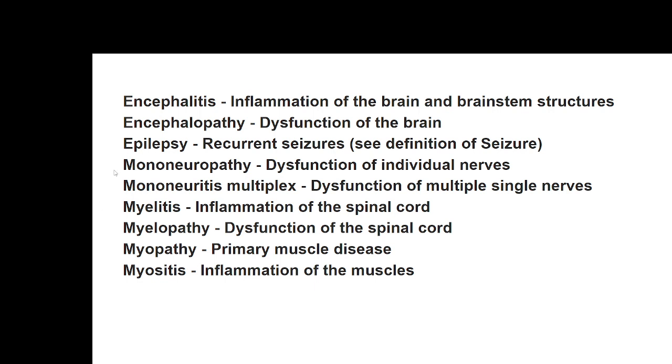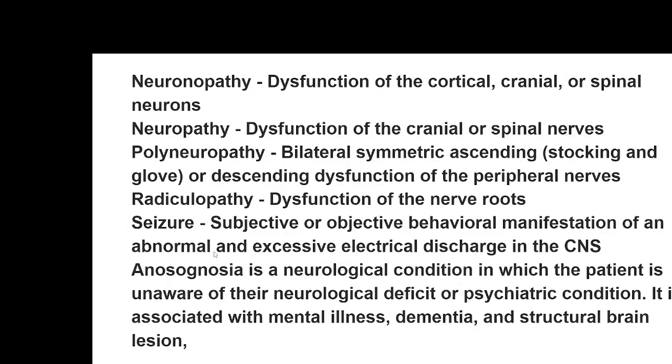Now, these words look or sound similar, but each of them has a definite meaning. Neuronopathy is a dysfunction of the cortical, cranial or spinal neurons, whereas neuropathy is dysfunction of the cranial or spinal nerves alone.